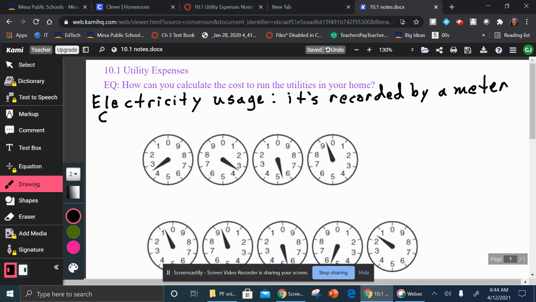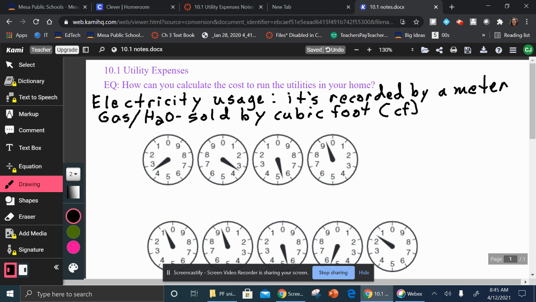Gas and water are sold by the cubic foot. So natural gas and water are sold by the cubic foot, and the abbreviation for that, everybody, is CF.